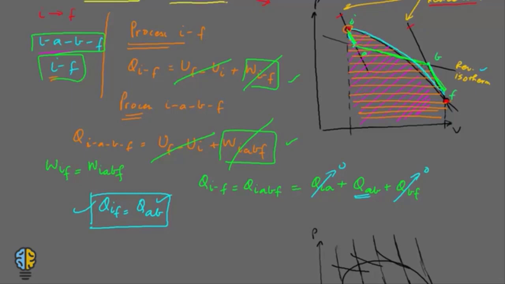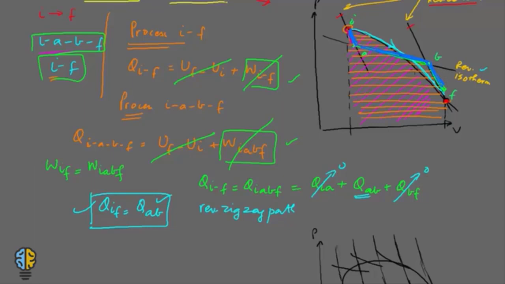So any reversible path, in this case IF, we will generalize it: any reversible path can be substituted by a reversible zigzag path. In this case the zigzag path is IA, then AB, and then BF.